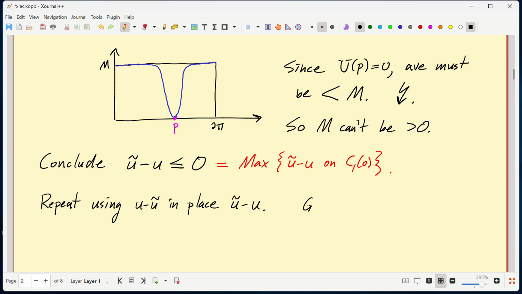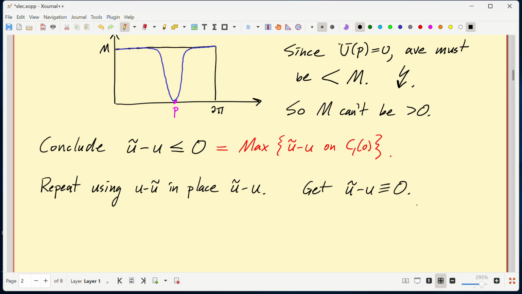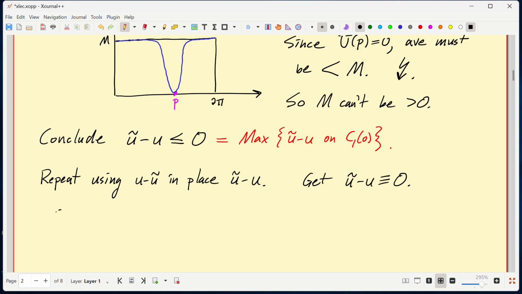And then, of course, we get that u twiddle minus u is identically 0 on the whole disk, not just on the circle. So u twiddle is equal to u, and u we know is harmonic. So we're done. That's a beautiful argument.